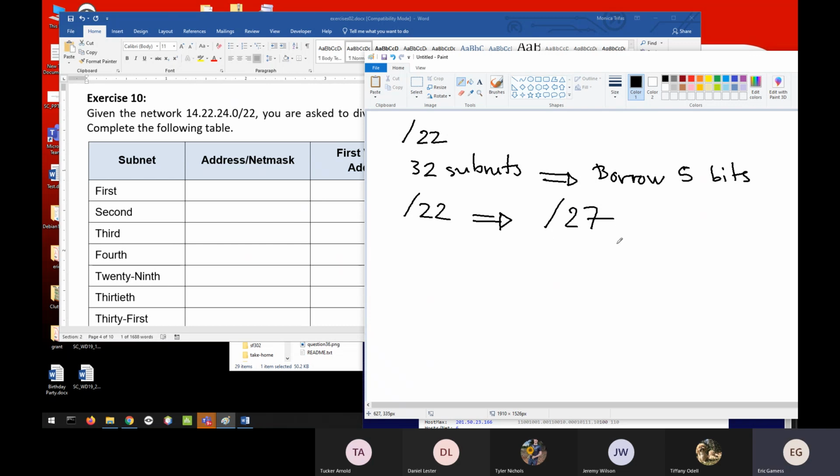So the subnet will be /27. Let's put /27 in the decimal dotted notation. So it will be 255, 255, 255, and the last one will be what?